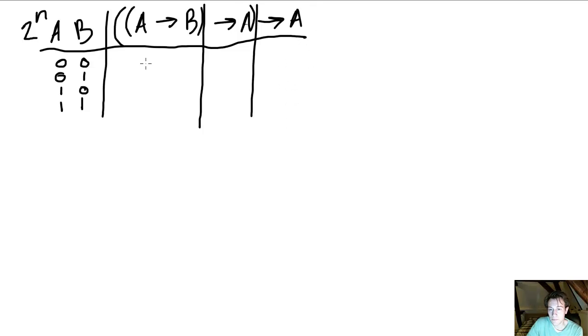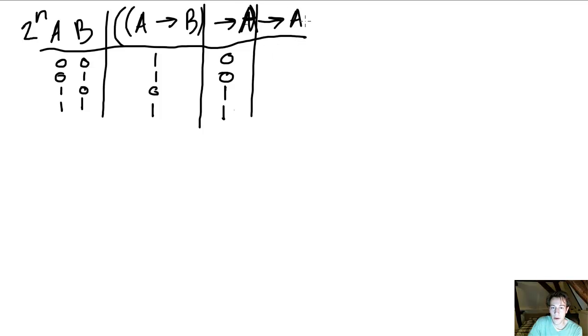So we got A arrow B, so that's 1, 1, 0, 1. Now we got that arrow A, yeah, there's an A, sorry. So that's 1, 0, that's 0, and that's 1, 0, 0, and that's 0, 1, so that's a 1, and it's 1, 1, so that's a 1.